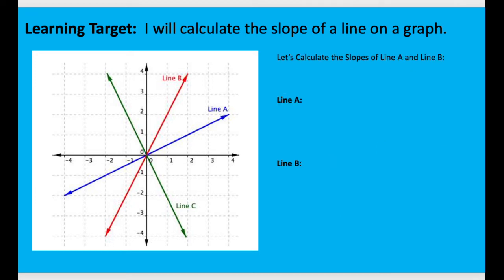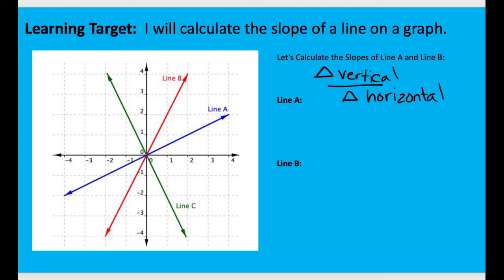So now let's actually calculate the slopes of these lines. When I'm looking at line A, remember on the previous slide we talked about how the change in the vertical distance is the numerator of the fraction or ratio, and the change in the horizontal distance is the denominator, the bottom part of the ratio.